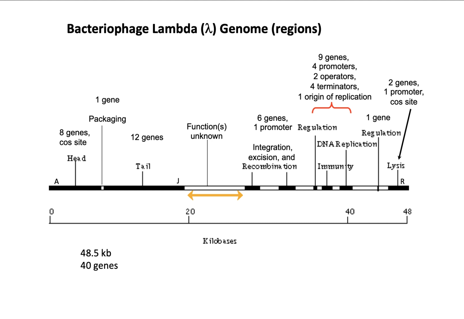And then a middle section here, no one really knows what that section does, and when these are used as vectors, that part is cut out, and then recombinant molecules are made with different genes in that region. That is, that's where you would place genes of foreign origin that you want to place within the lambda molecule in order to make more copies of them.